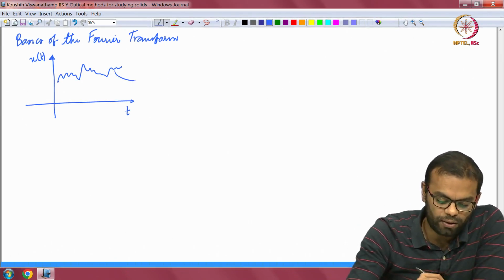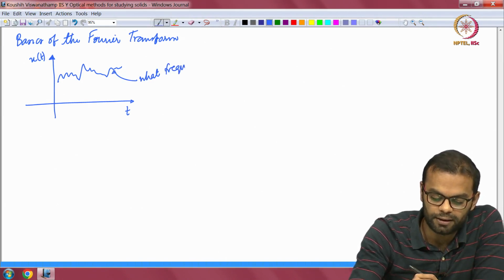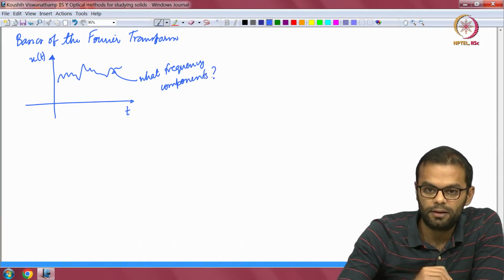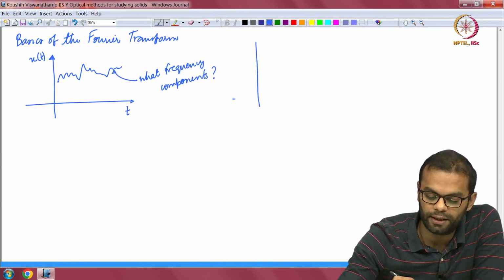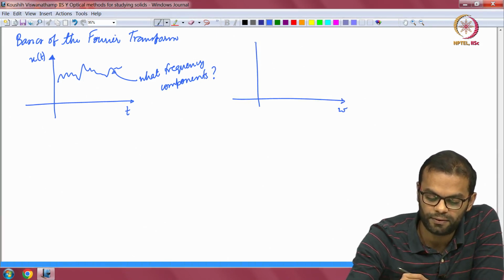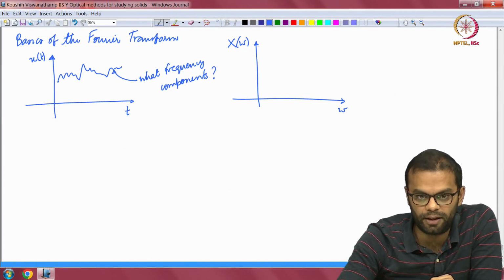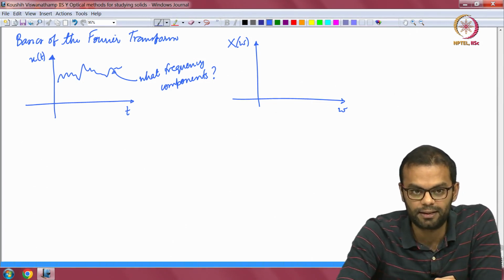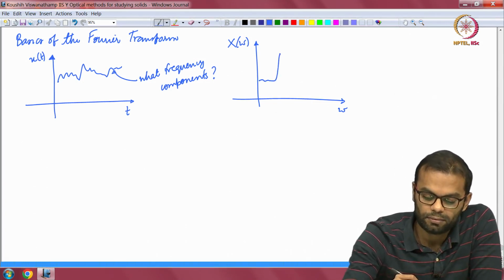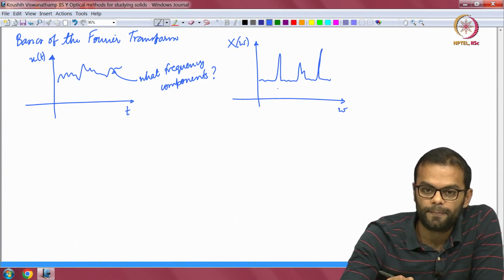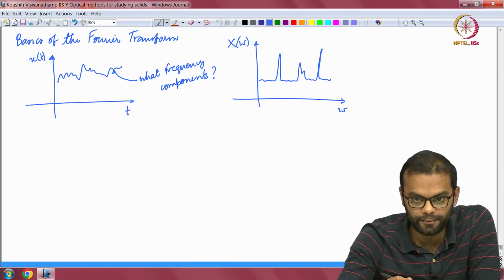If you want to figure out what frequency components are there, or what frequency components make up this signal, then you have to convert it into a frequency domain, of course, and in the frequency domain we will represent the signal by capital X, and that will tell you what frequencies are contained in the signal, right.